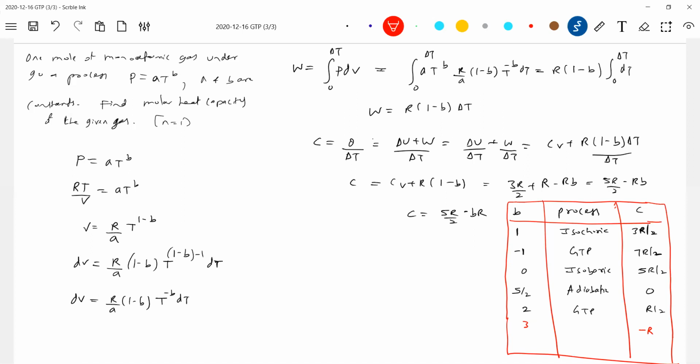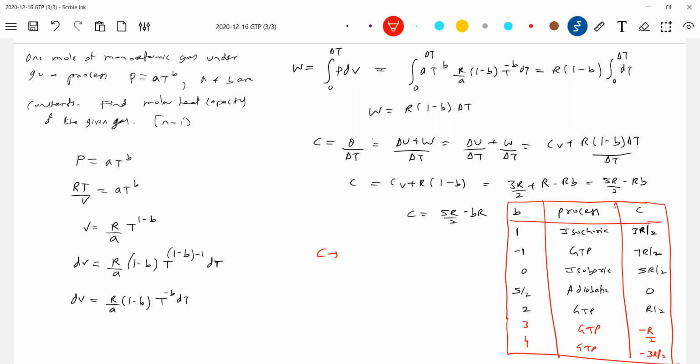What do you mean by negative? If it absorbs heat, temperature decreases. If it gives off heat, temperature increases. Sir, how is it possible? It is possible for gas, that's all. You may take a higher value, 4 also: 5 minus 8 is minus 3, so general thermodynamic process, minus 3R by 2. Are you getting it now? Negative molar heat capacity.